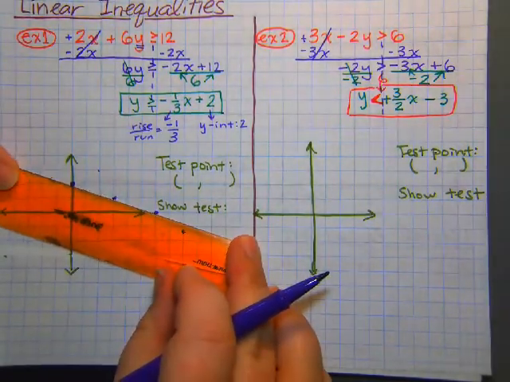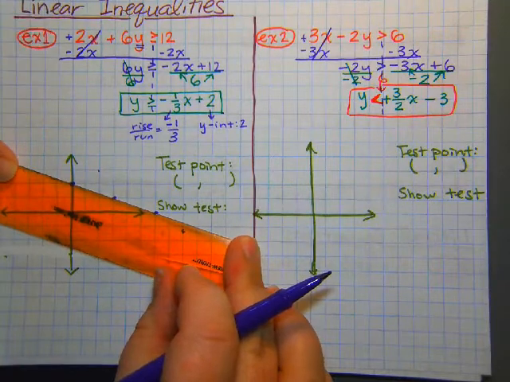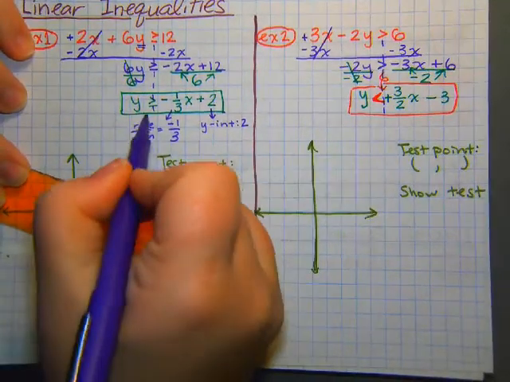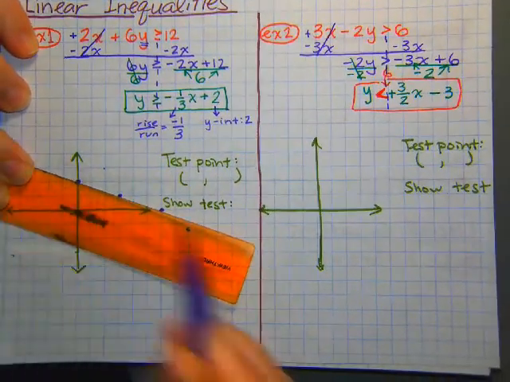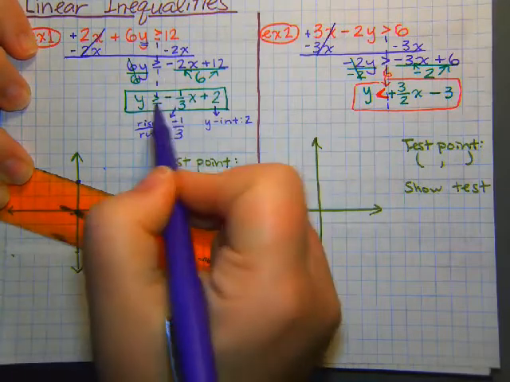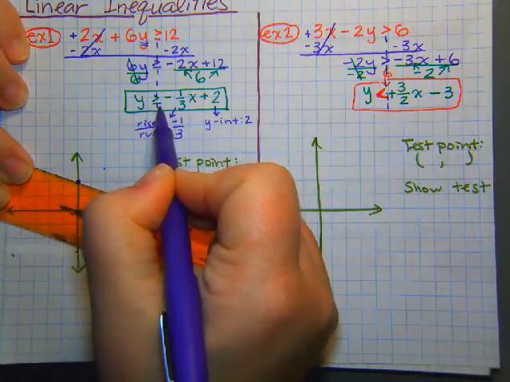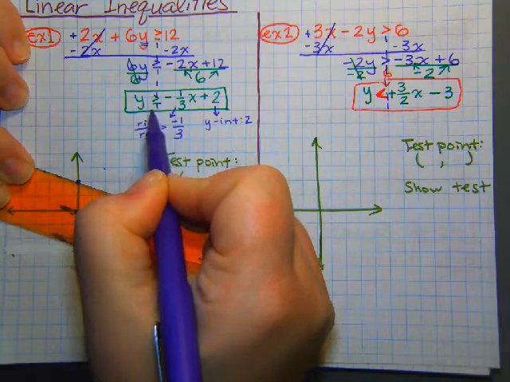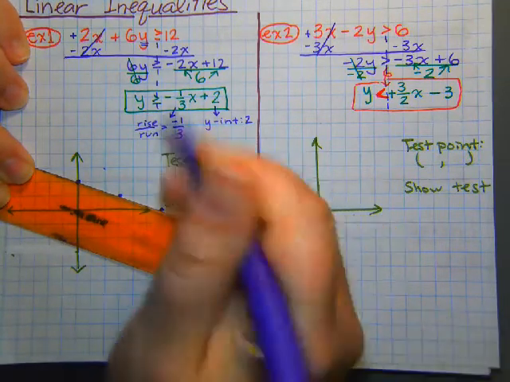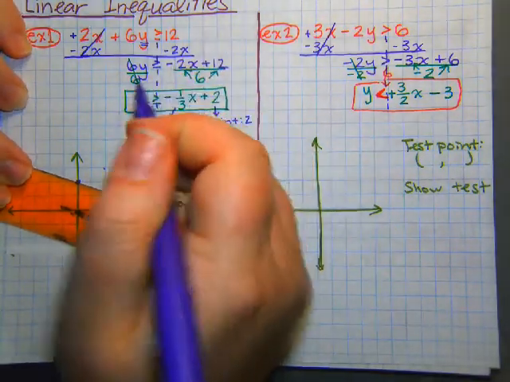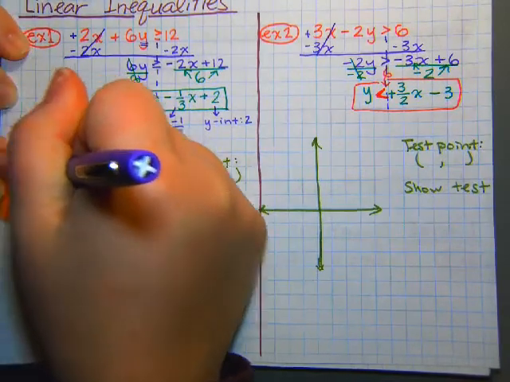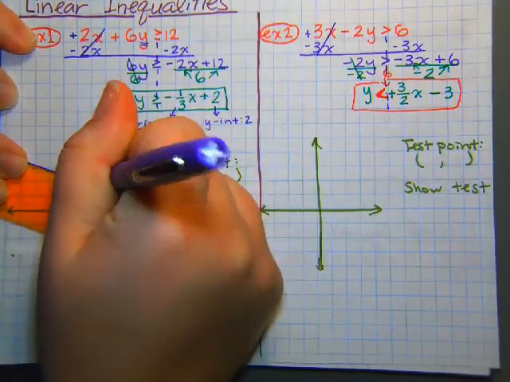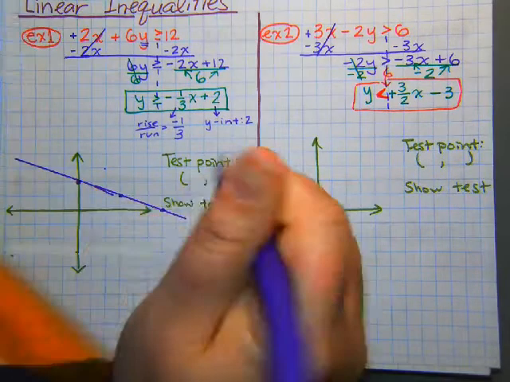Okay, so now, normally I told you to do this with a pencil, but I have a pen, so I just need to be extra careful before I draw this line. What I need to be careful about is, should this line be a solid line or should it be dashed? This sign has an equals to. Since it has an equals to, that means we need to do a solid line. There we go.